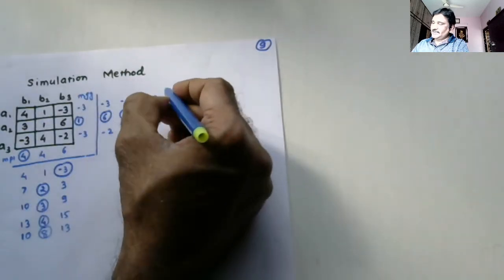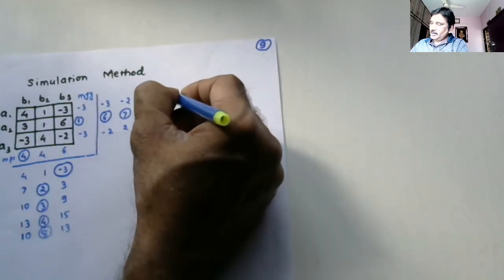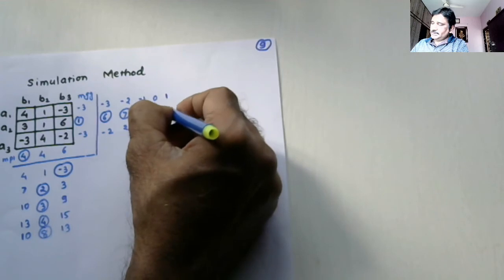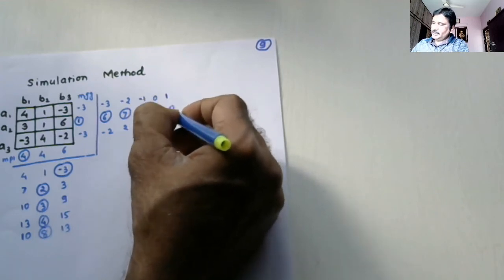Now these values will get added here. So 1, 10 and 14.